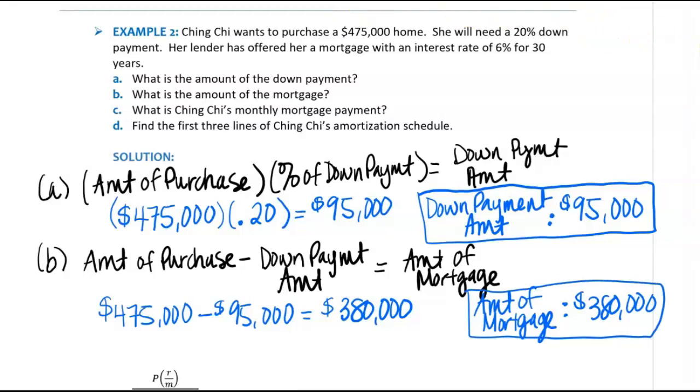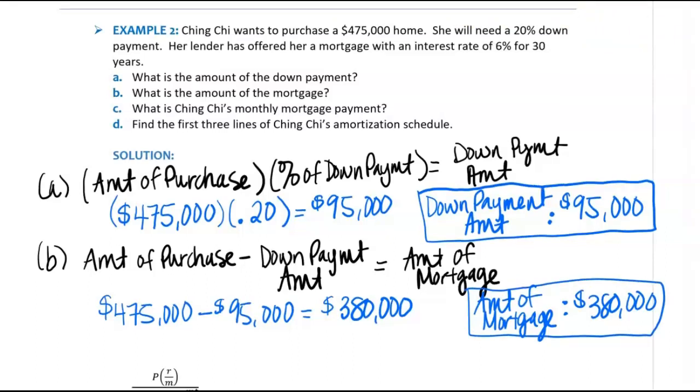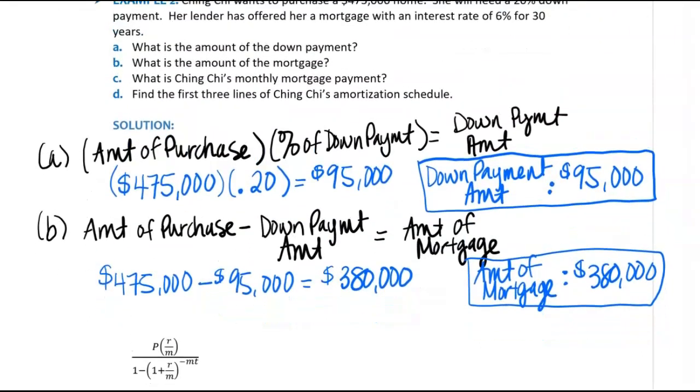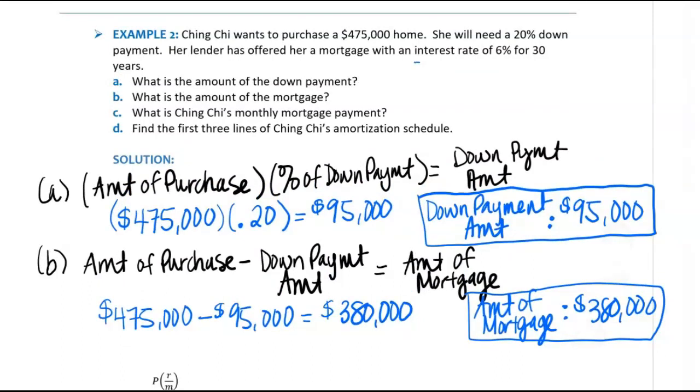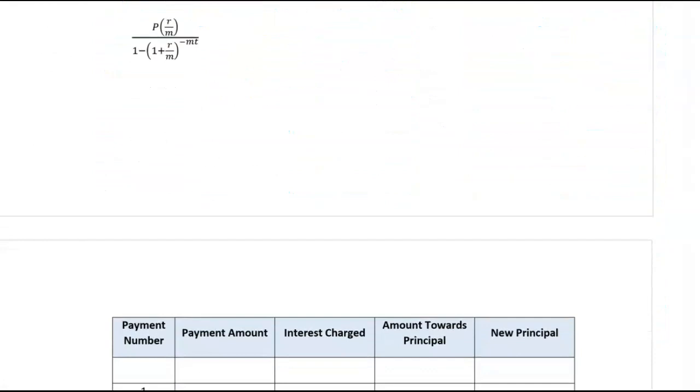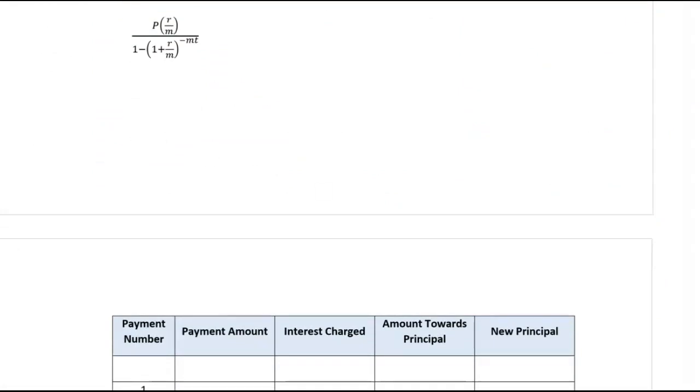Part C, we have to find Ching-Chi's monthly mortgage payment. Please note she has an interest rate of 6% and her term of her loan is for 30 years. So for Part C, we have a principal amount of $380,000. Notice this is the amount of the mortgage, not the purchase price.